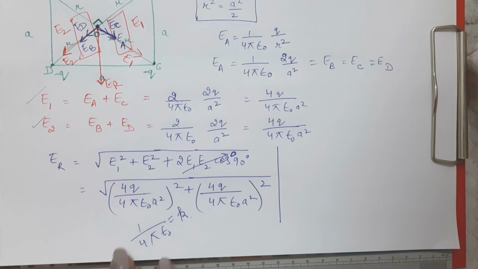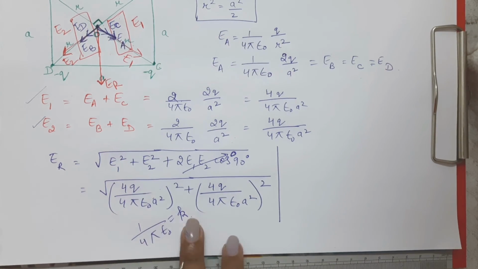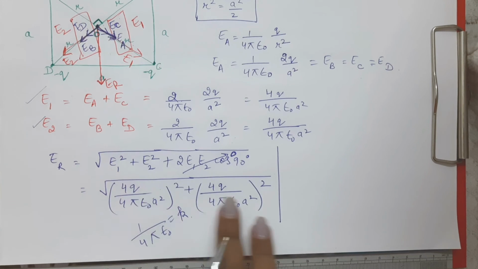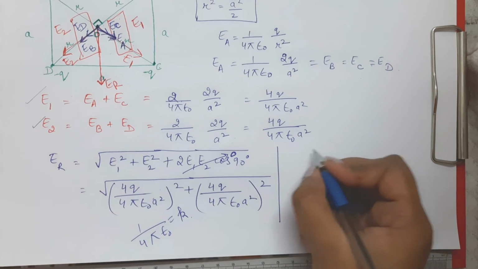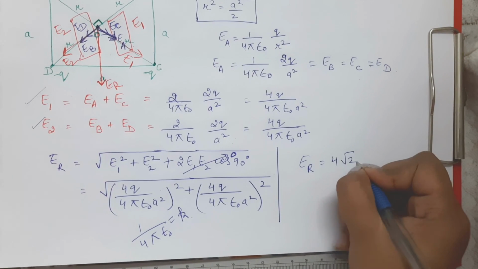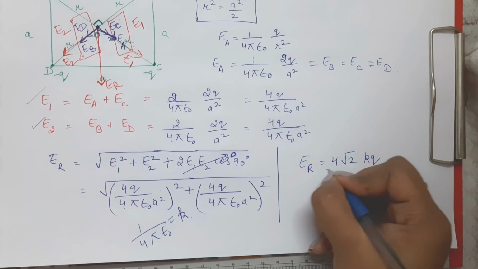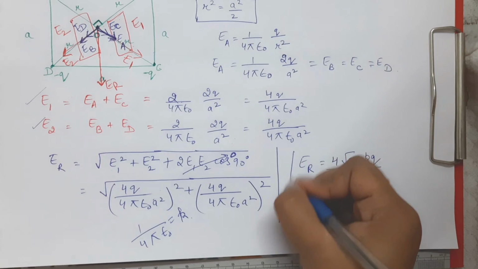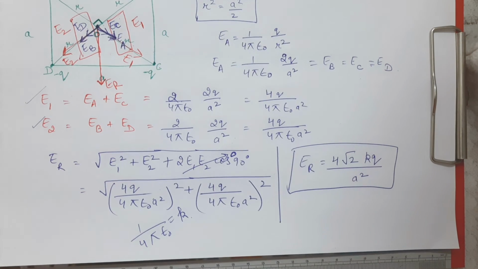Okay, just for simplicity we will write 1 by 4 pi epsilon naught as small k. On solving this, what you will be getting is this one. Okay, ER equals to 4 root 2 kq by a square.